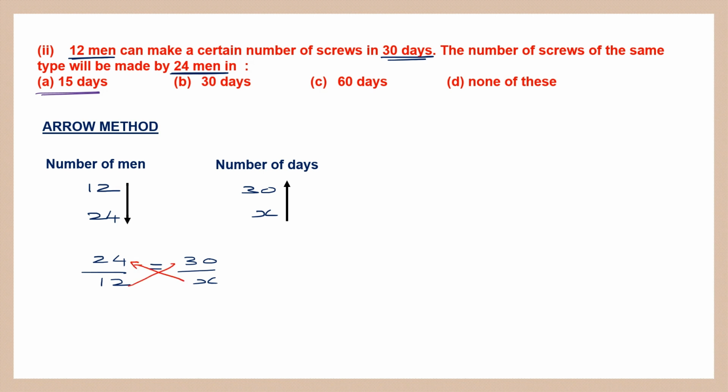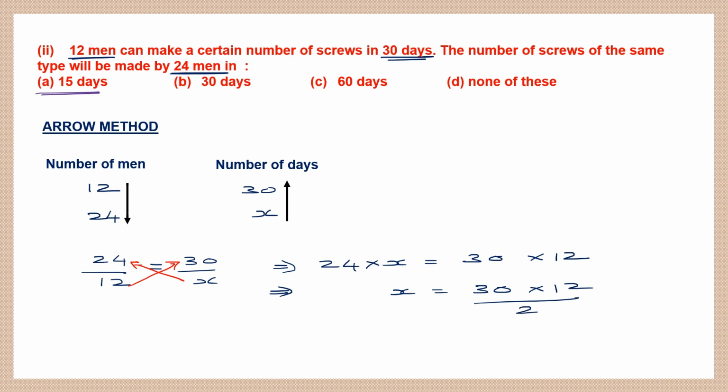Cross multiply and what do we get? We get 24 into x is equal to 30 into 12. So now let's find the value of x. x is equal to 30 into 12 by 24. We can cancel 12 and 24. 12 twos are 24.